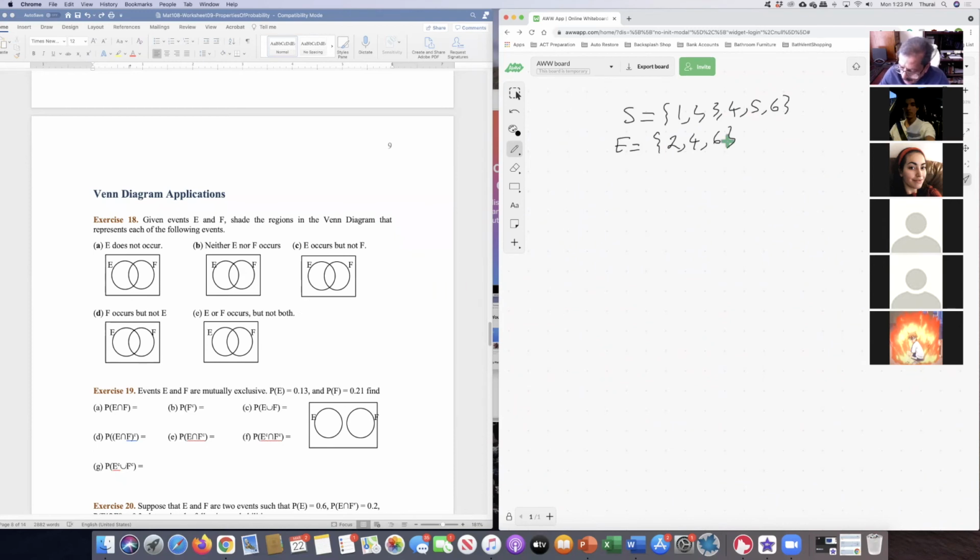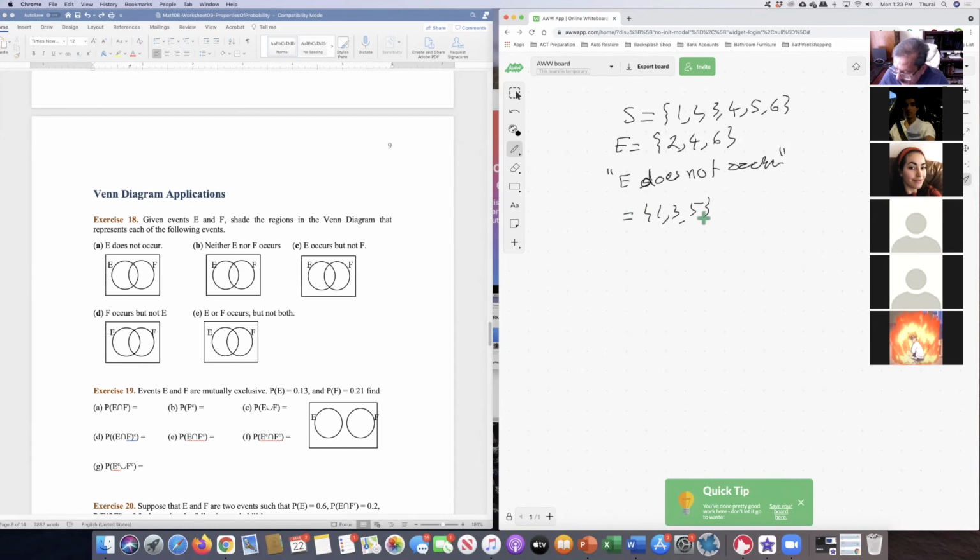So now if I say E does not occur, that's our event. Isn't that the same as the outcome being 1, 3, or 5?